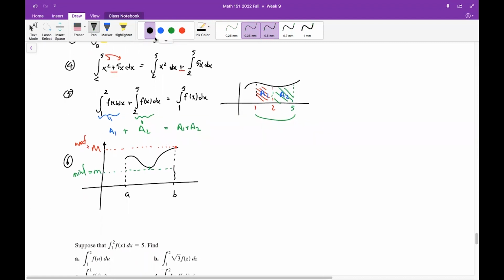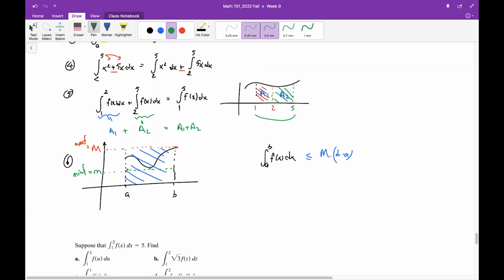Now, we want to consider this definite integral and try to construct an upper and lower bound of it, depending on small letter m, big letter M. First of all, let's consider the area of this big rectangle. It is what? It is b minus a times the big letter M, right?